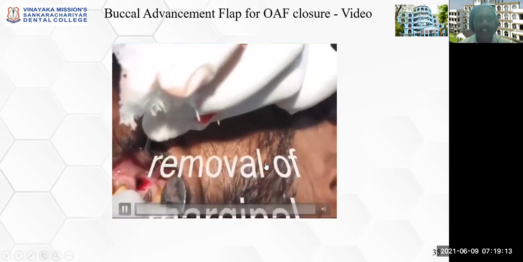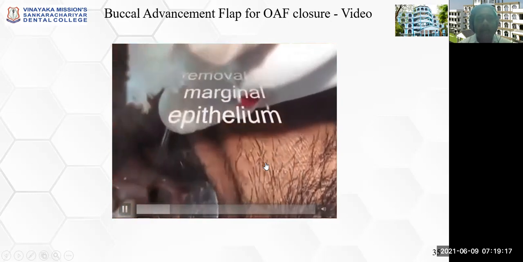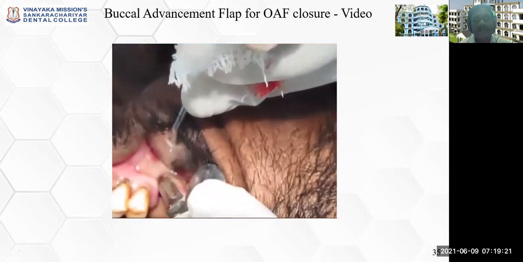So what the surgeon does is, after giving LA, he removes the marginal epithelium and the fistulous tract there.